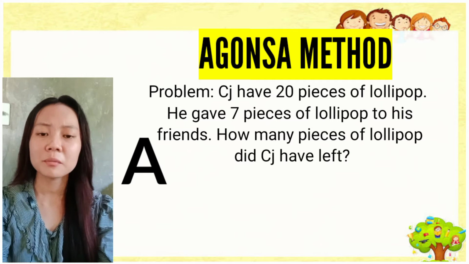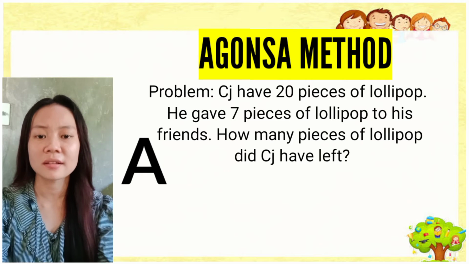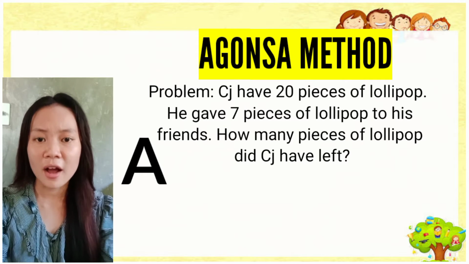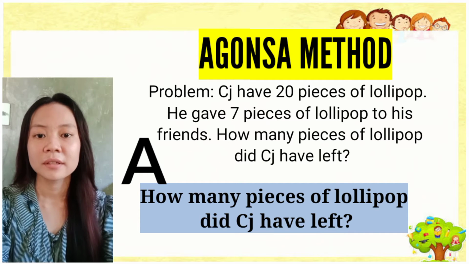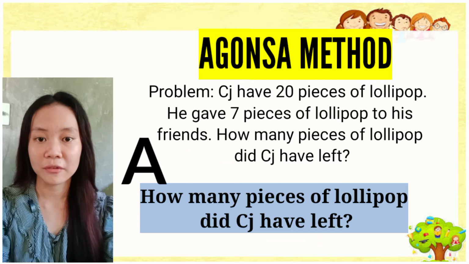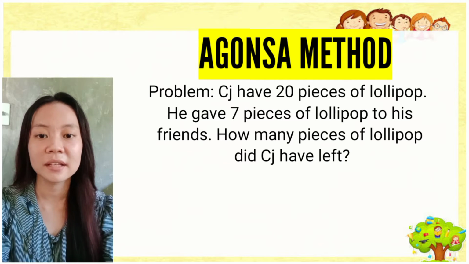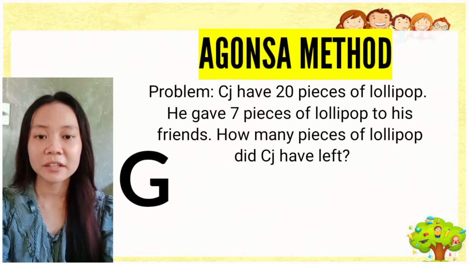In that problem, what is being asked is how many pieces of lollipop CJ has left. So, next is the given. Let us identify what is given in the problem.